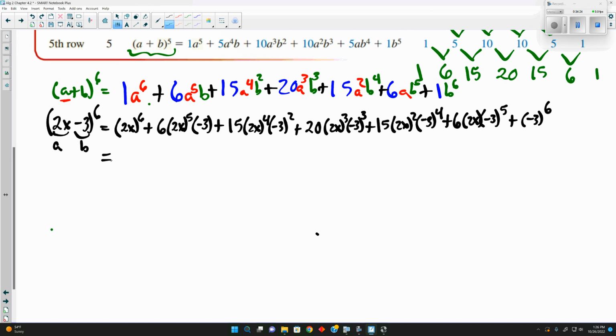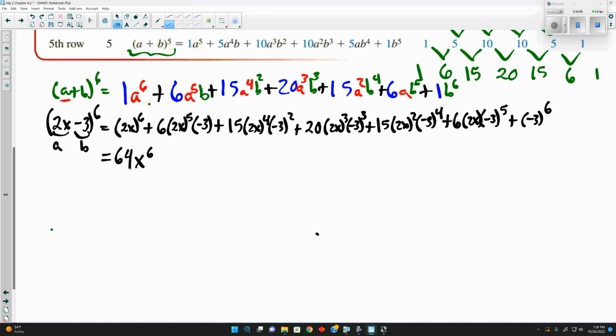Now 2x to the 6th, well, that's going to be 64x to the 6th. Because 2, 4, 8, 16, 32, 64. So 2 to the 6th is 64. Now 2 to the 5th is 32. And 32 times 6 times negative 3, I'm going to have to get a calculator.